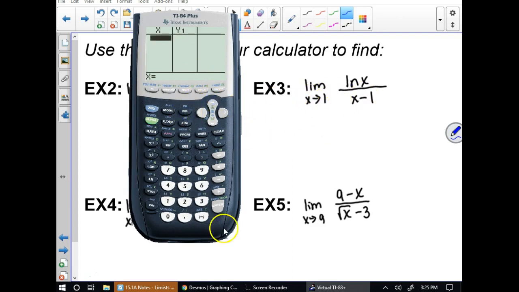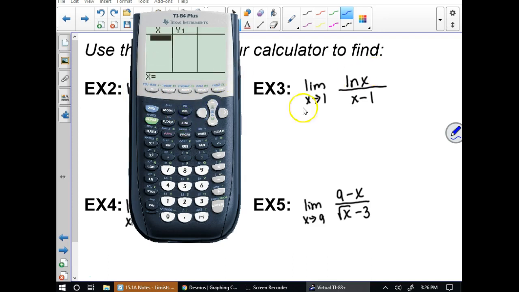So if we start with numbers below 1, that would be like 0, which actually gives us an error, because this is a natural log. We can't take natural log of 0. But we could try maybe like 0.5, and then 0.9, and 0.99, and 0.999, and 0.9999. And you can see these numbers are getting closer and closer to 1 as we approach from the left. Let's check from the right as well.